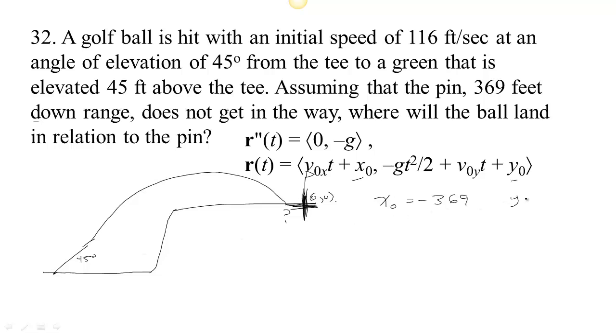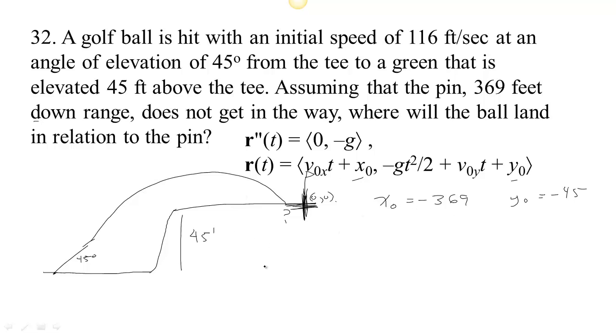And since this is 45 feet below where the pin is, your y naught is negative 45. So we've got x naught and y naught. Let's see, we need to find our initial velocity.